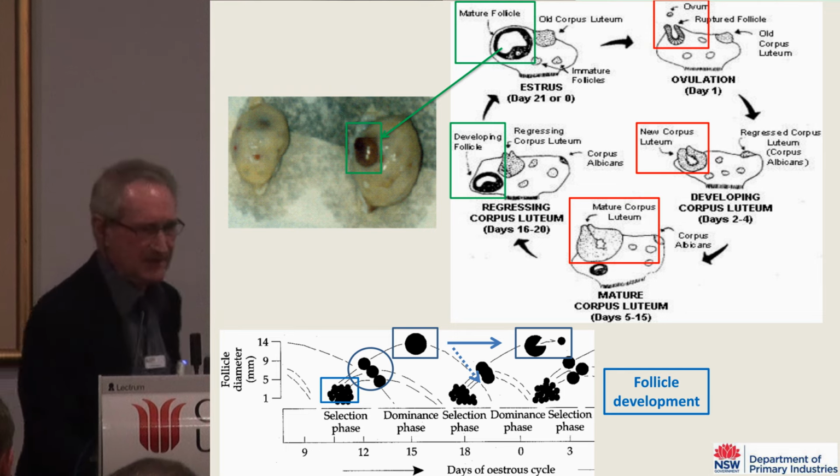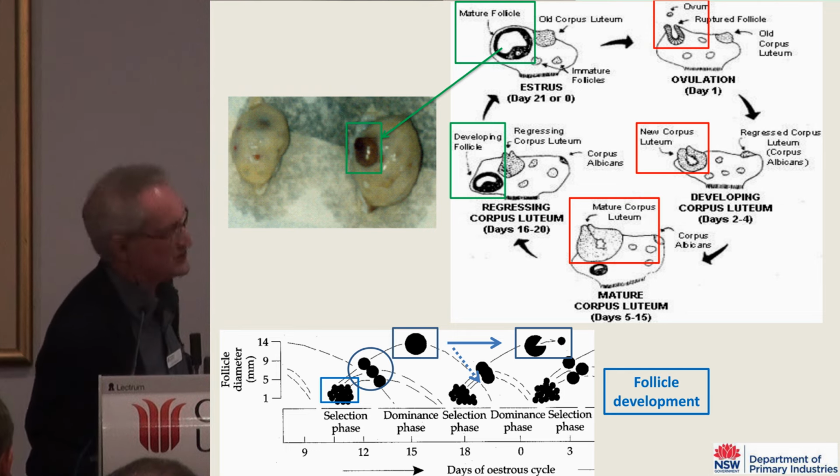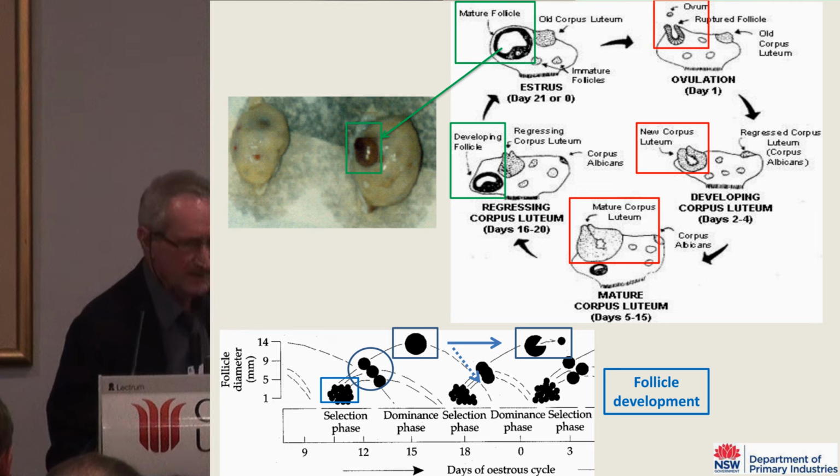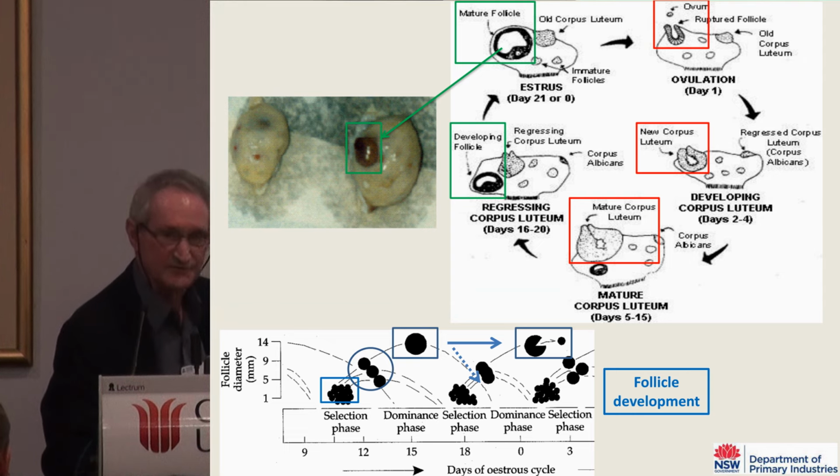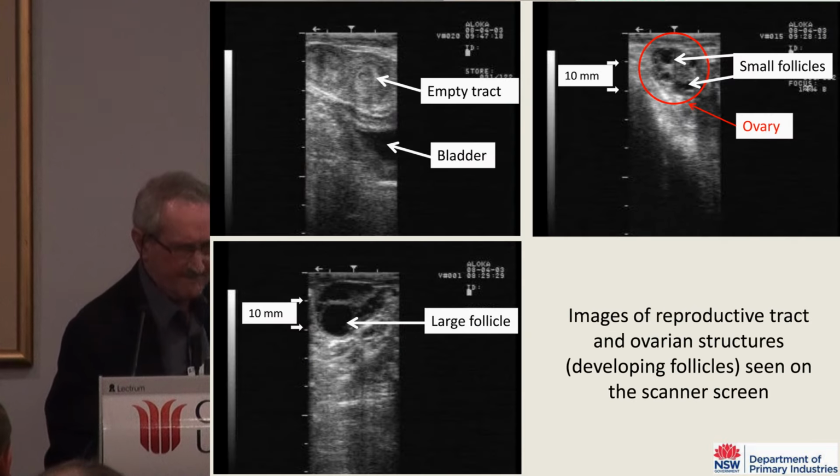What do you actually see? Here are some images from the scanner screen. They're showing just the area of empty tract. That's the bladder. Any fluid-filled structure will show up as black like that, like the little follicles we've got in here. That's the area of the ovary that we're interested in. Here are some bigger follicles.